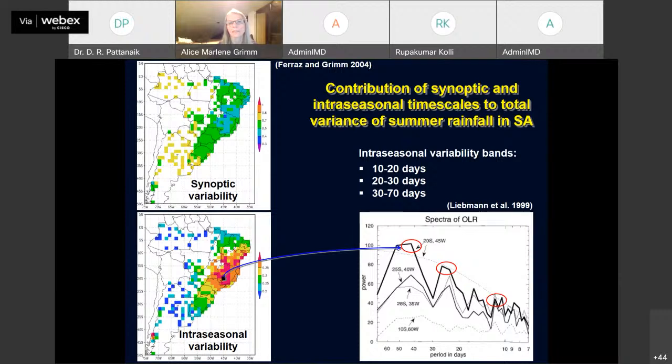And the spectra of this intra-seasonal variability in this region shows that, compared with the reference red noise, the Madden-Julian oscillation, which is here in this band, has a very significant contribution.